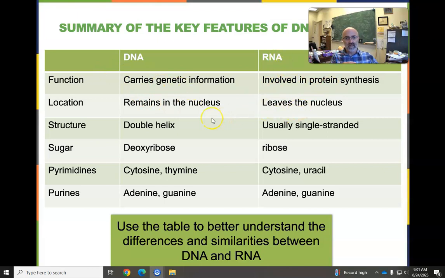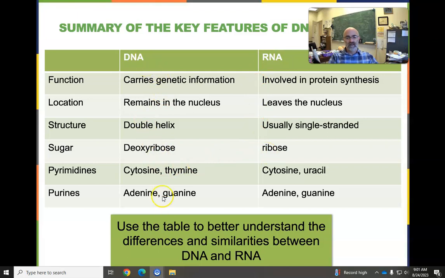RNA actually goes from the nucleus out to the ribosome, where the proteins are actually made. We said mRNA was the messenger RNA. That's the messenger that leaves the nucleus and goes to the ribosome. DNA is a double helix, RNA is a single strand. DNA is made up of deoxyribose. RNA is made of ribose sugar.